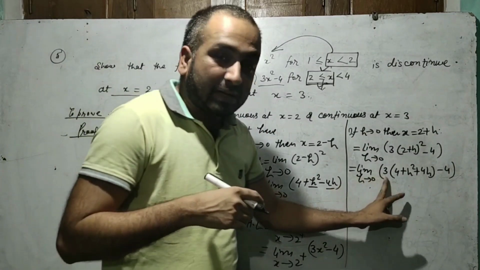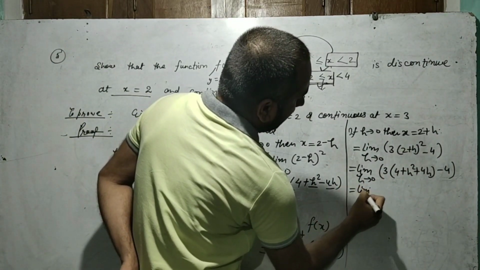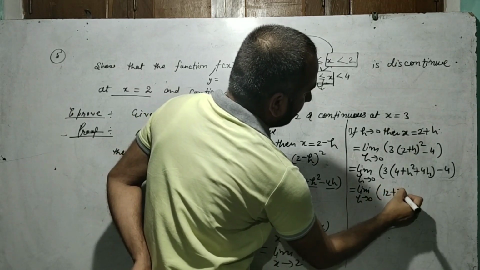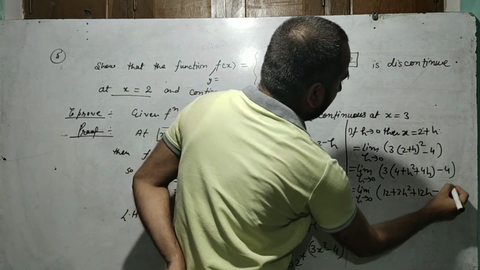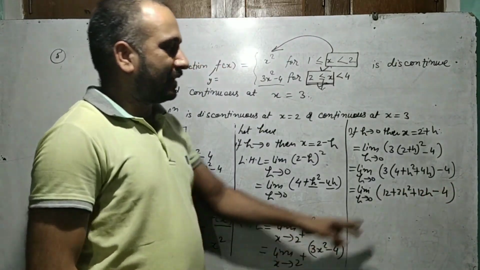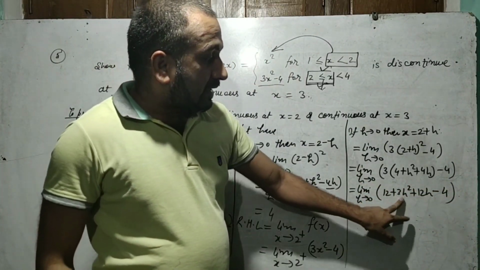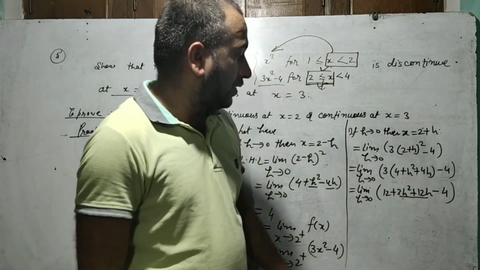Now students, we will multiply 3 within the bracket. The limit as h tends to 0 of 12 plus 3h square plus 12h, minus 4. We are not multiplying 3 into the 4. Both the h terms are 0 because h tends to 0.